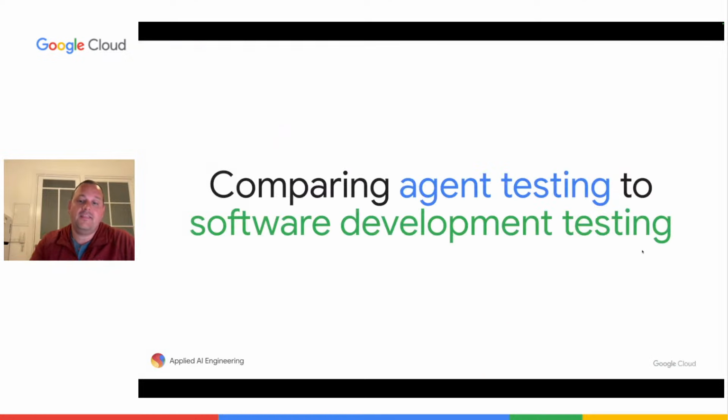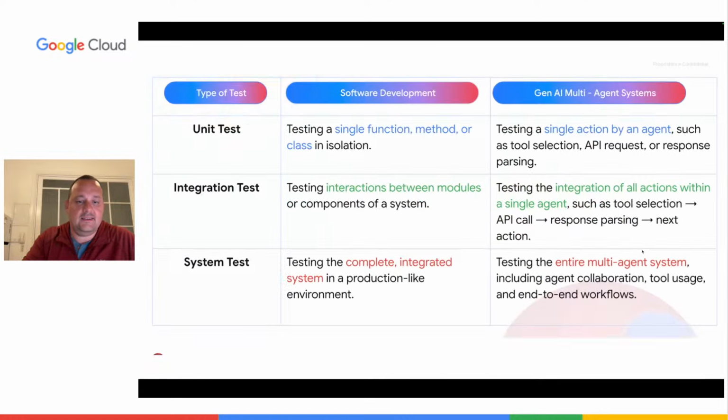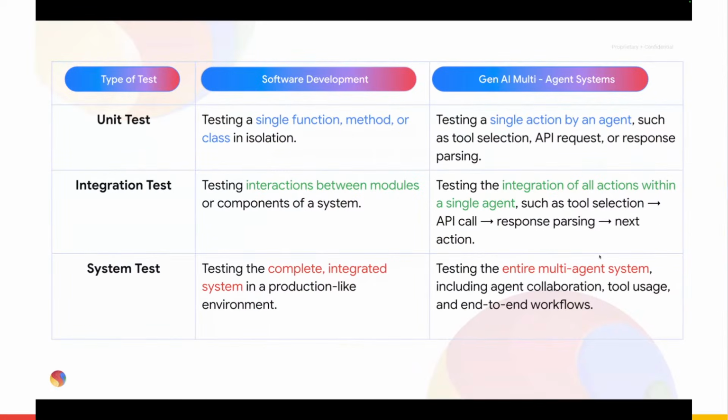So if we think about traditional software development testing, we can take these concepts that have been established and transfer them to agent testing. As you might know, there are different types of tests in software development: unit tests, integration tests, and system tests.